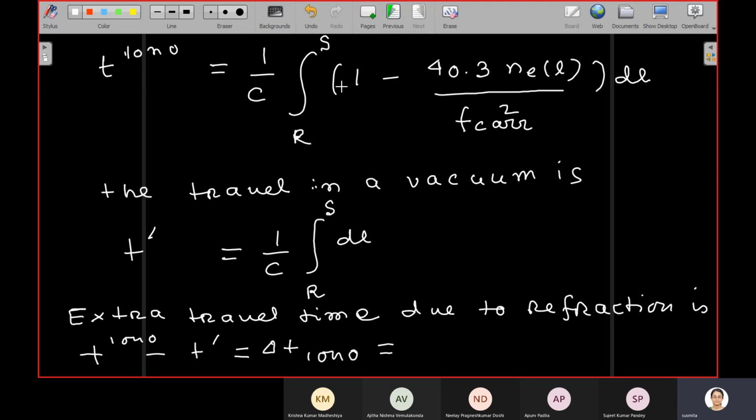I am eliminating the first term because it cancels when we subtract this one, and we just have the second term.